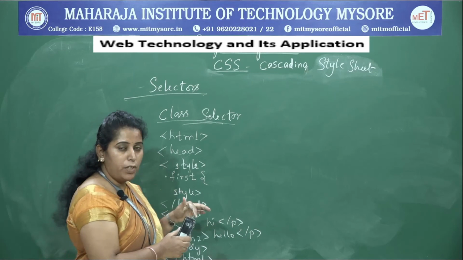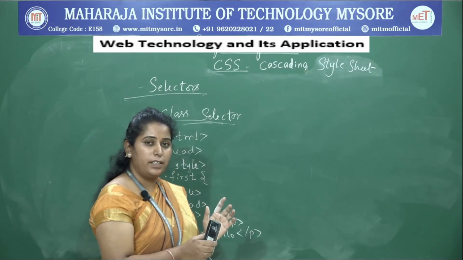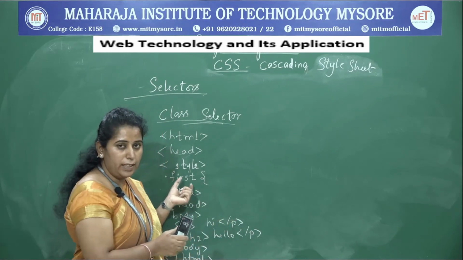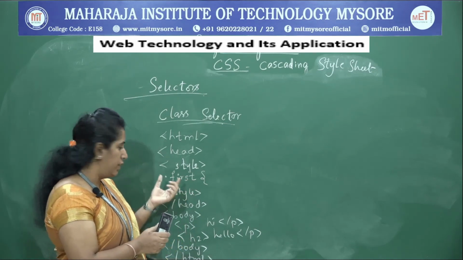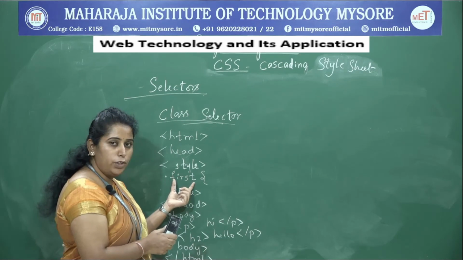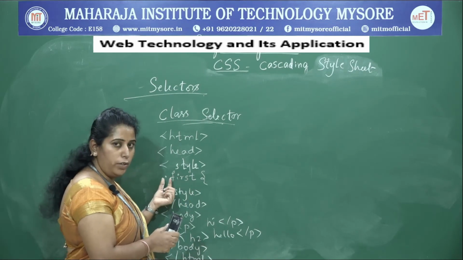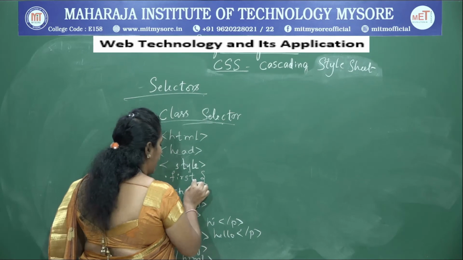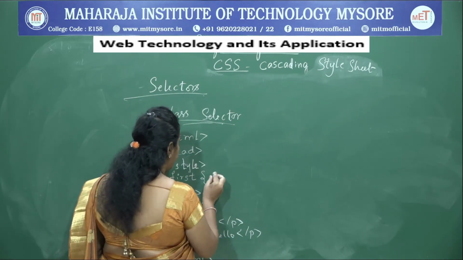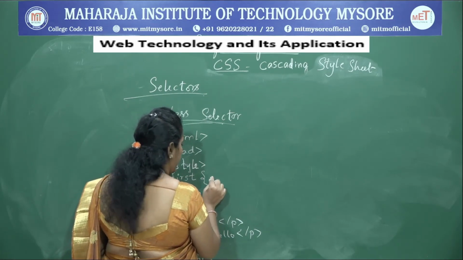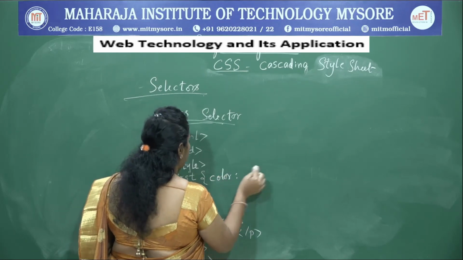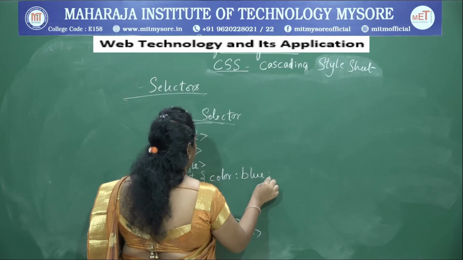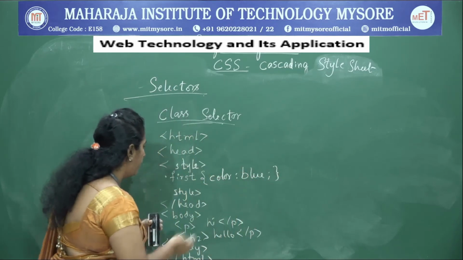For example, P, already we have a tag, is it right? So you should not use it as a class name. That's why I have introduced a new class name called first, and always the class attribute should be prefixed with a dot. Okay. So now for a class you have to give a property or style rules. I am giving a style rule, color blue. So this much is enough.